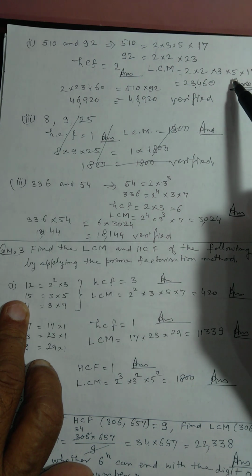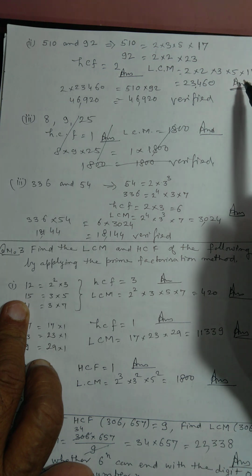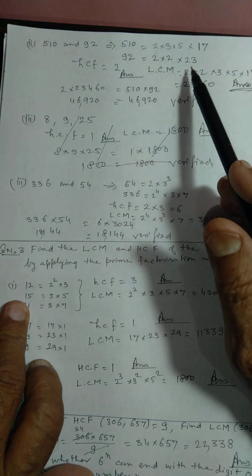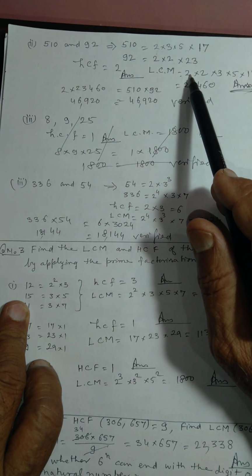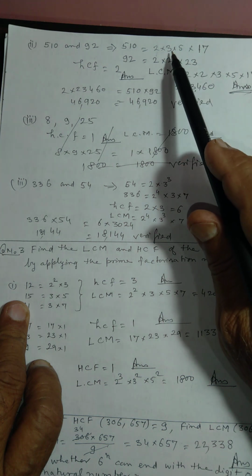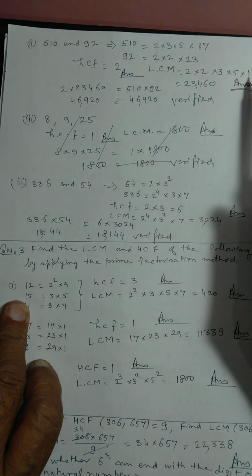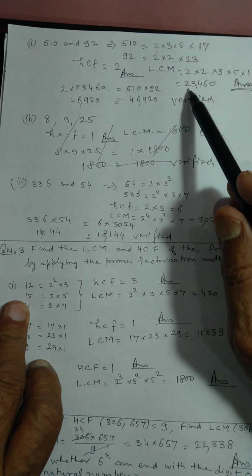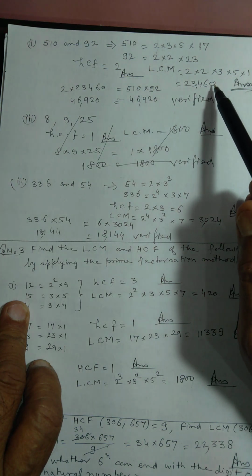So I have taken the maximum number of 2s, then 3, and I have taken 5. All types of factors should be present in the LCM, and in maximum number. So I have taken these 2, 3 from the first one, 5, 17 and 23. Multiplied, we got 23,460.